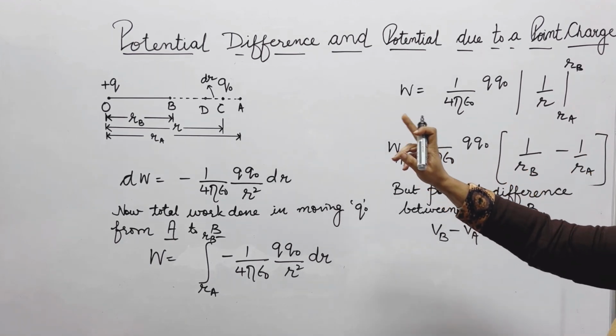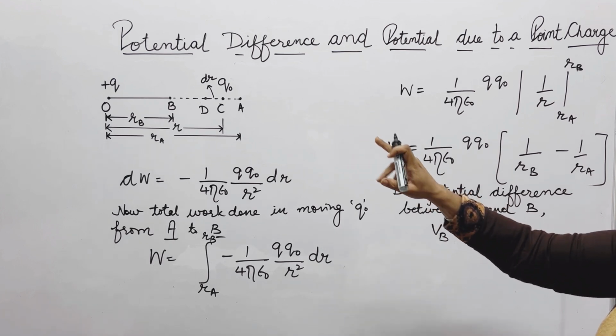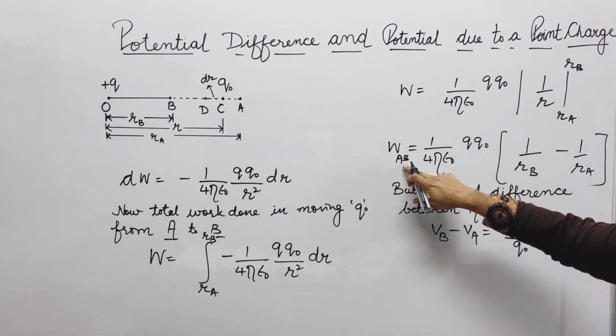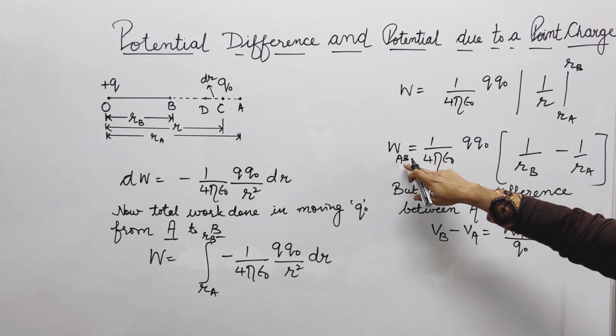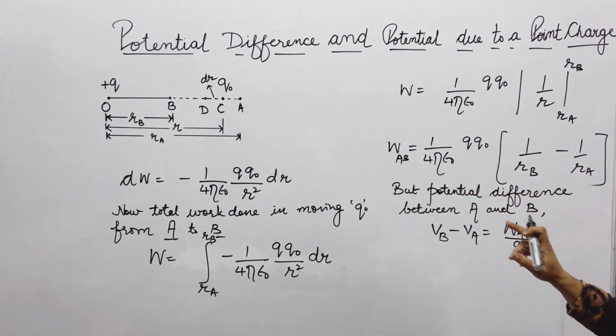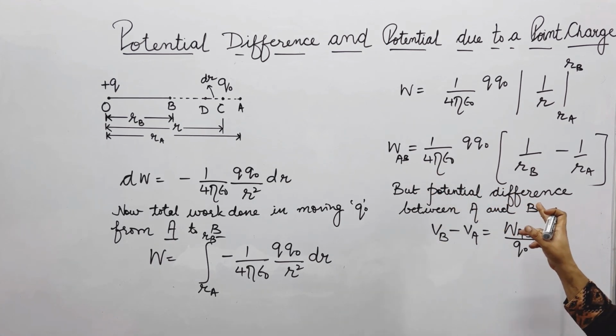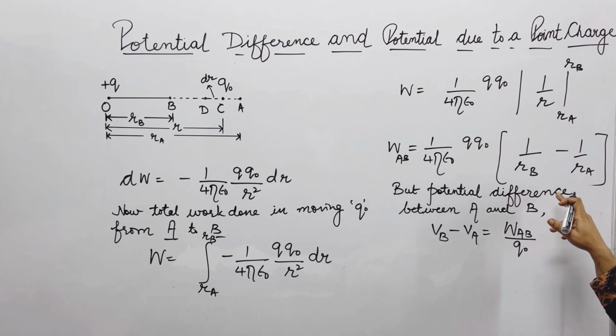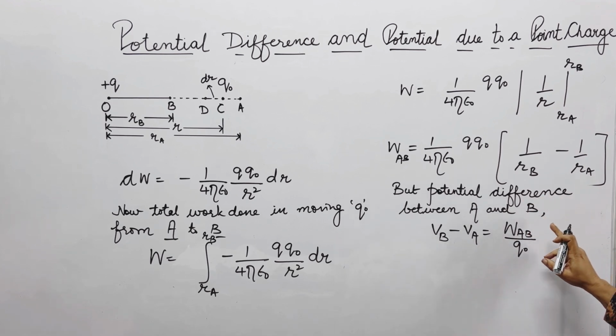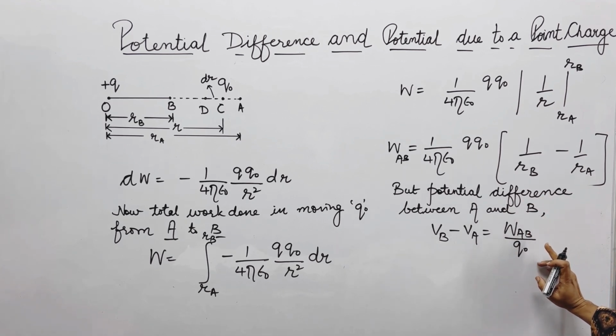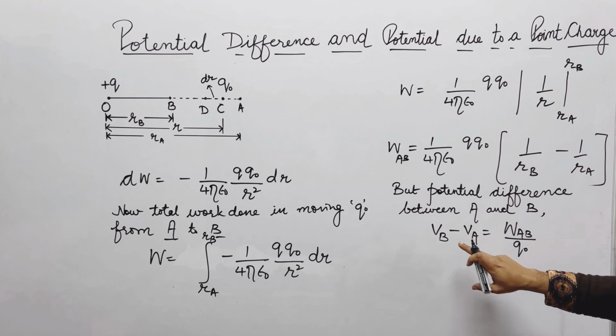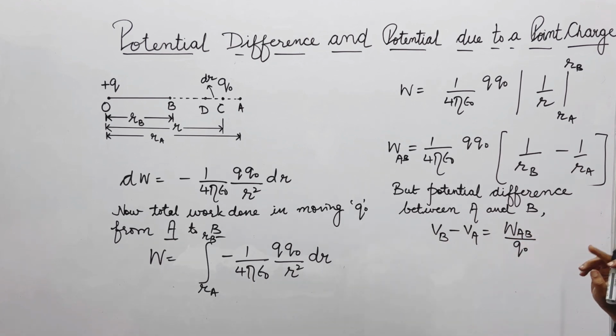Since the work is being done in moving the point from A to B, we have denoted this work done with the suffix AB. But potential difference between A and B, according to the definition of potential difference, is equal to work done per unit charge. So VB minus VA will be given by this relation.